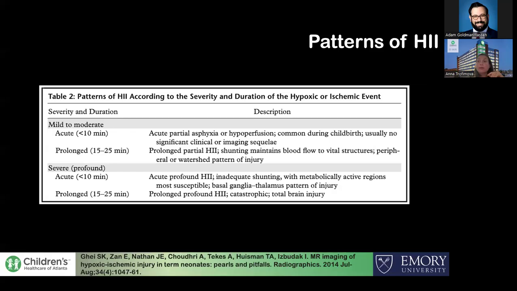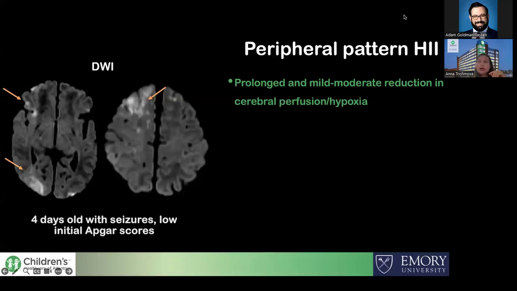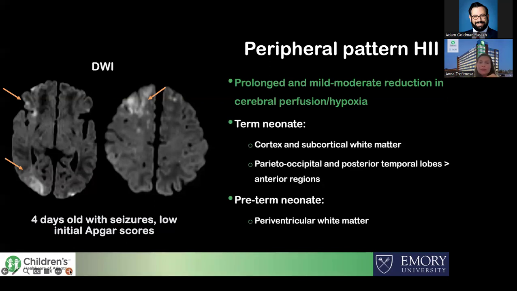So let's see how this is going to present itself on brain MRI. First of all, if we are talking about a prolonged and mild to moderate reduction in cerebral perfusion or hypoxia, we can see what's known as a peripheral pattern of hypoxic ischemic injury on imaging. In a term neonate, that presents with involvement of the cortex and subcortical white matter, as we can see in this four-day-old who presented with seizures and low initial Apgar scores, where on DWI you can see areas in the watershed distribution involving the cortex and subcortical white matter.